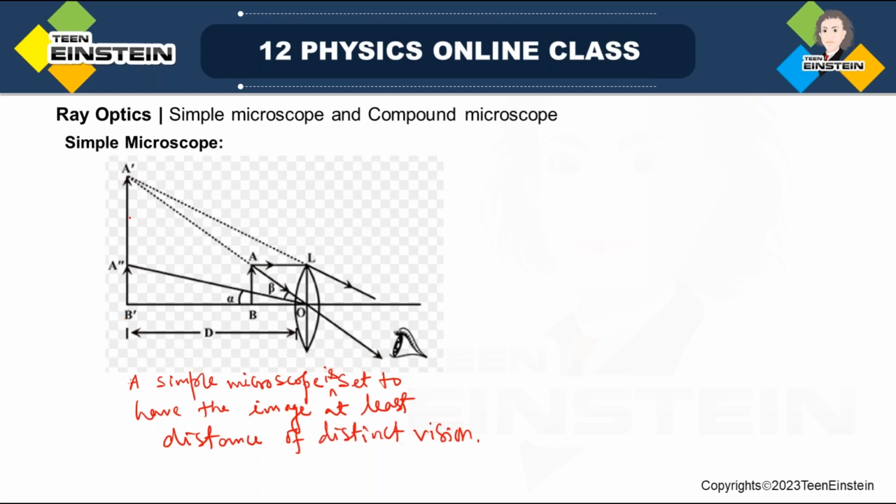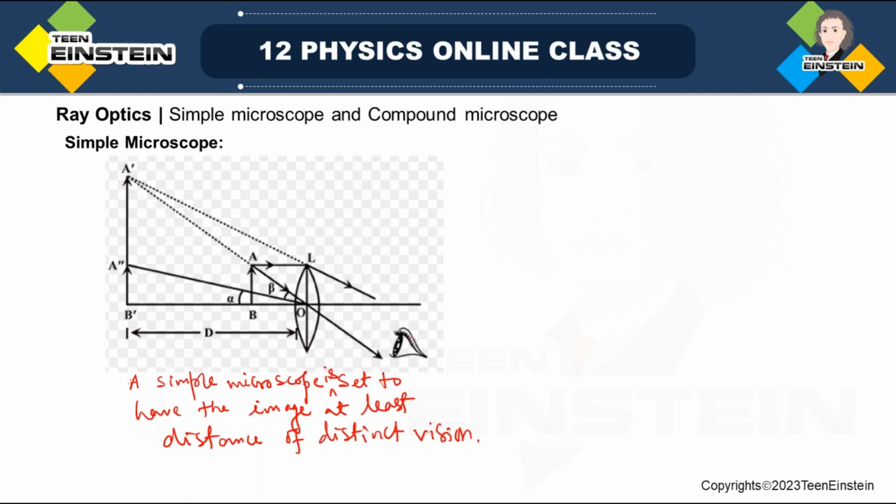Look at this figure: A prime B prime is the image of this object AB, which is placed within the focal length of the convex lens. This A prime B prime is the virtual image formed by this lens. This is one of the actions of the simple microscope.